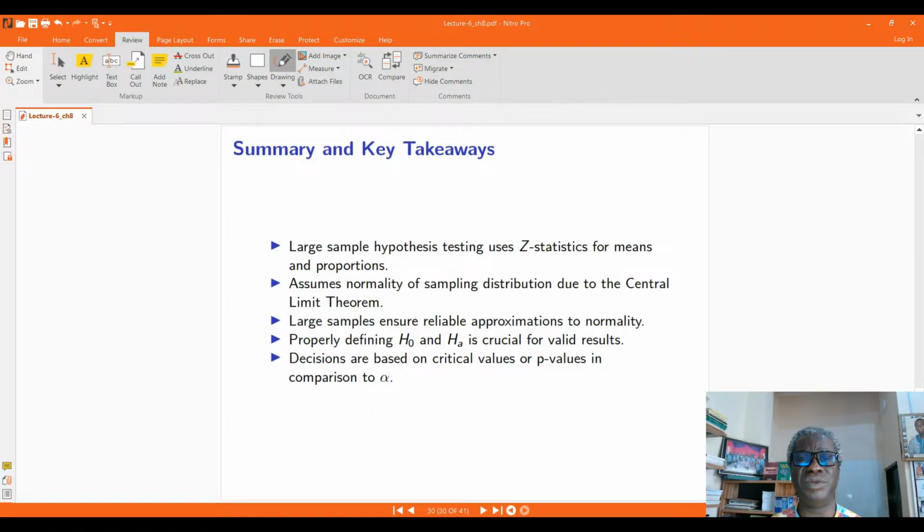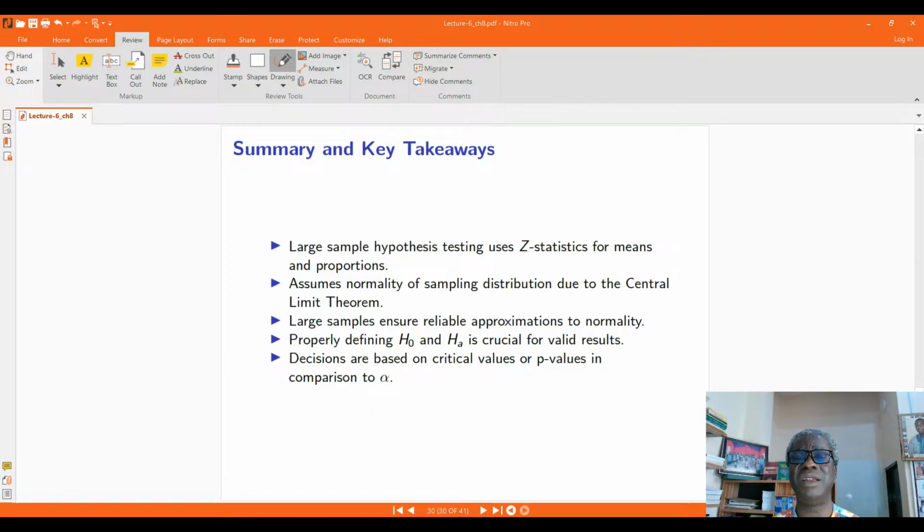Two, the Z statistic is used because of the fact that the sampling distribution of the mean, of the proportion, of the difference of two means tend to a normal distribution, which is what the central limit theorem claims.